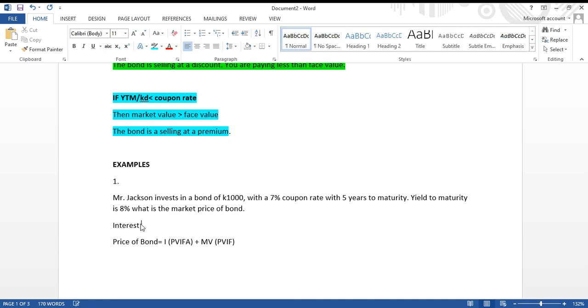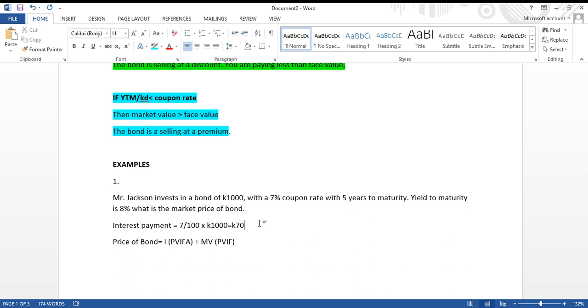So let's tabulate our interest payment first, the first thing to get. Interest payment is 7 over 100 times 1,000. So our interest payment is 70 kwacha. Each year, we're going to be receiving 70 kwacha, 70 kwacha, 70 kwacha.